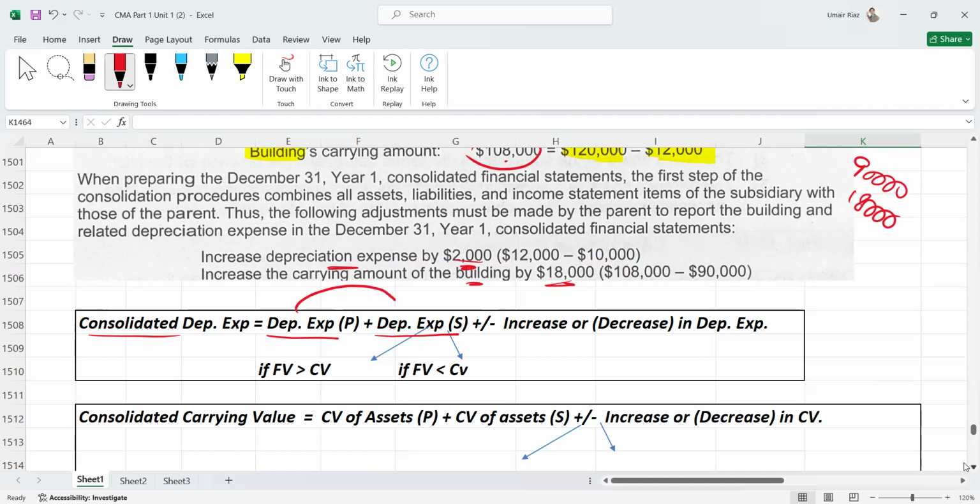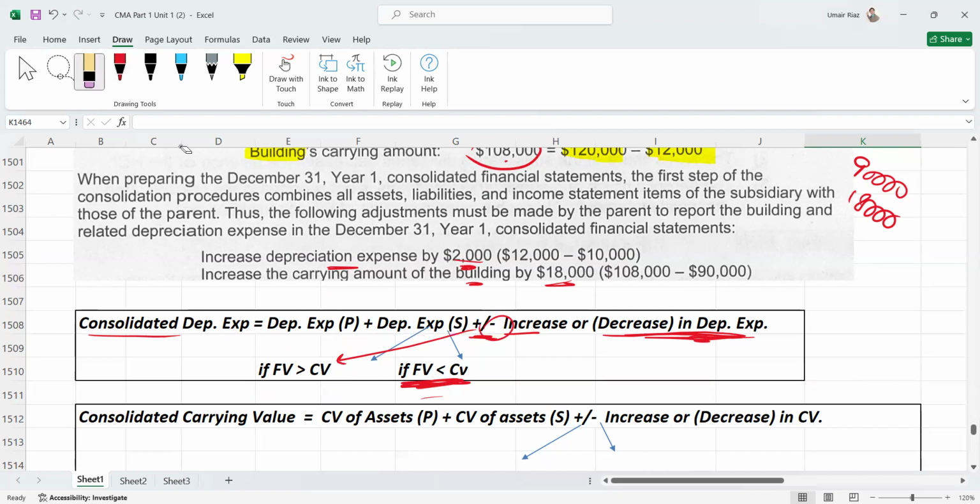Now plus or minus: an increase in depreciation expense will be added, and an increase will occur if fair value is greater than carrying value. But if fair value is less than carrying value, there will be a decrease in depreciation expense, and that should be deducted. So you have to remember this equation.